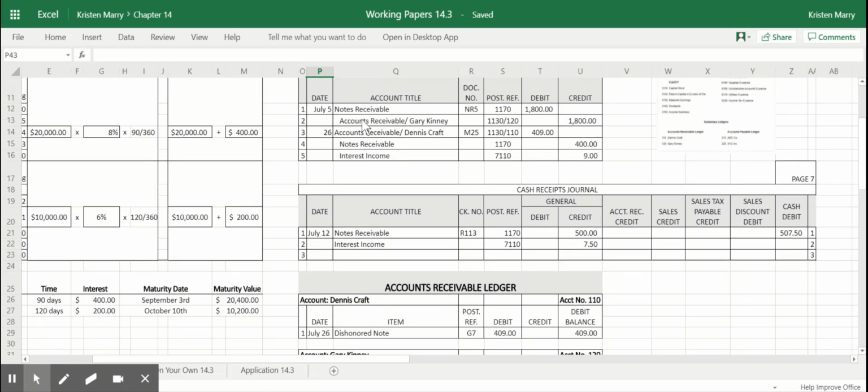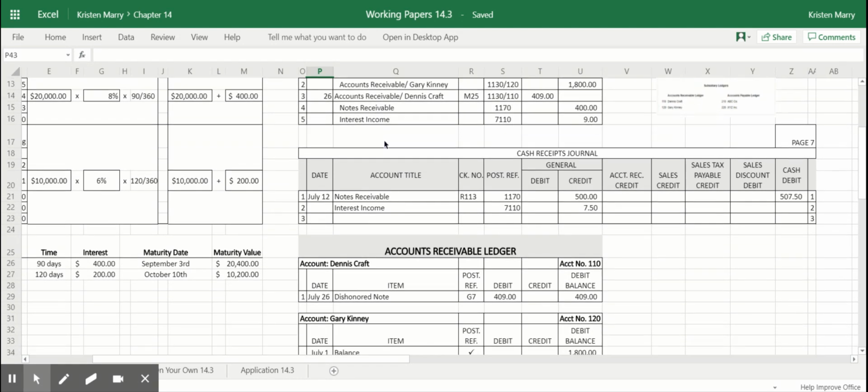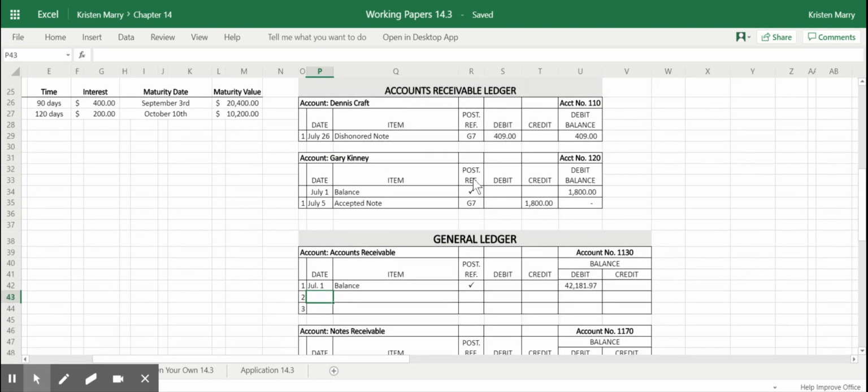All right, and we need to record both the accounts receivable lines. One is a credit and one is a debit. 1,800 and 409. So this is on the 5th and the 26th.